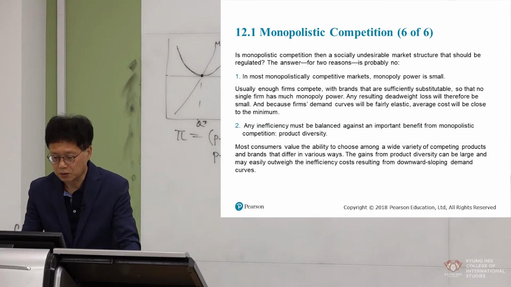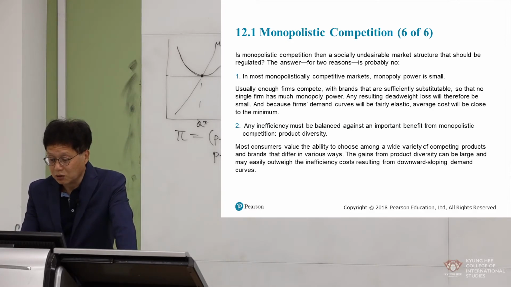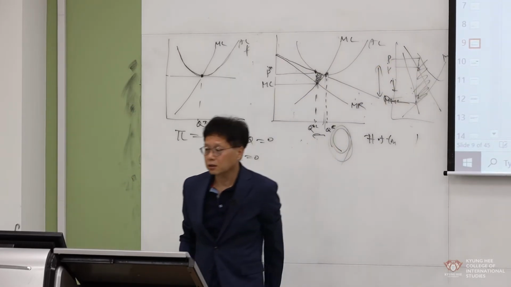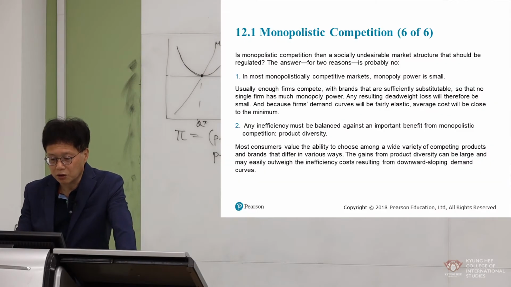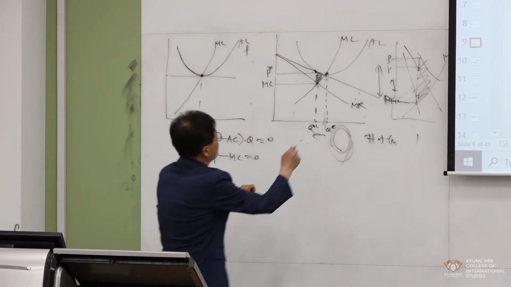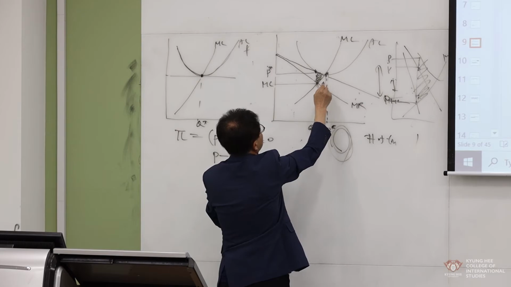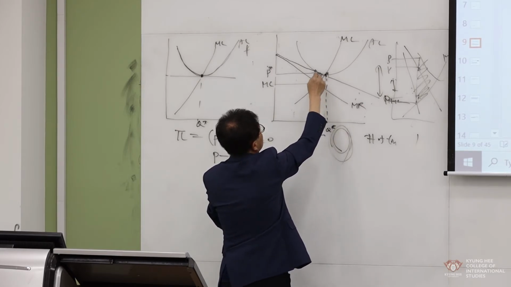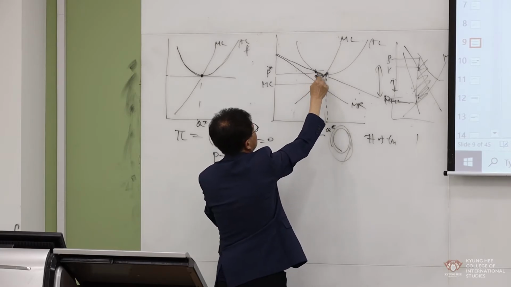But in a monopolistic competitive market structure, the deadweight loss is not so large. And because firms' demand curves will be fairly elastic like this, instead of this, average cost will be close to the minimum, right? This one and this one. So there is a small difference.